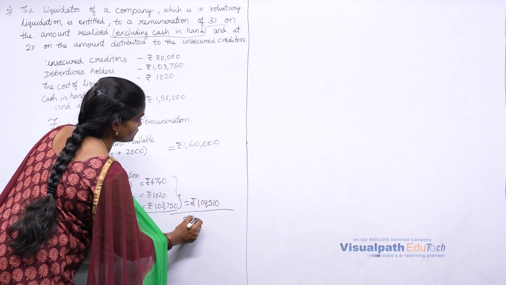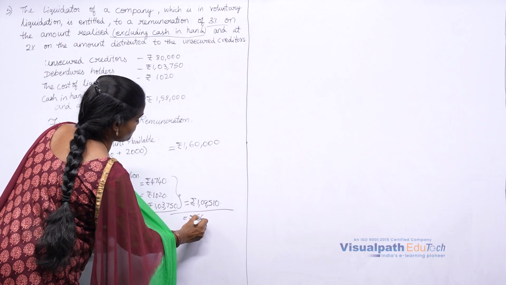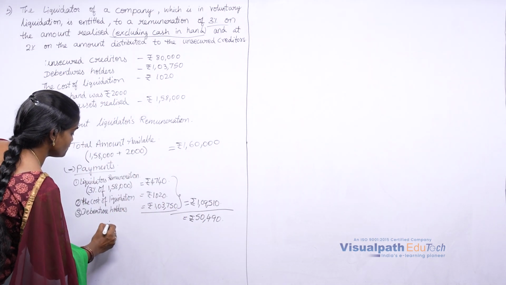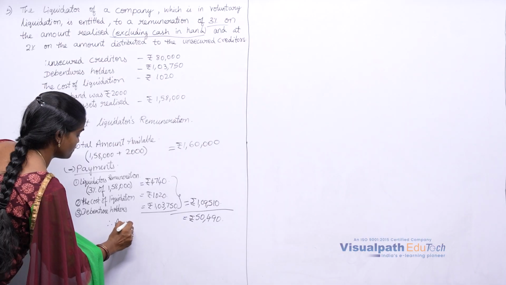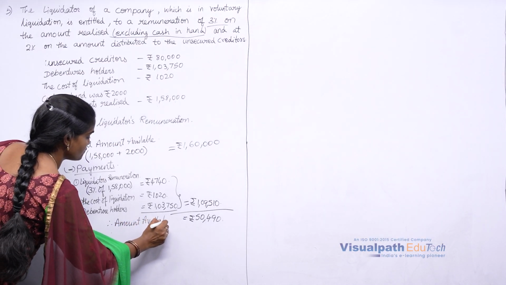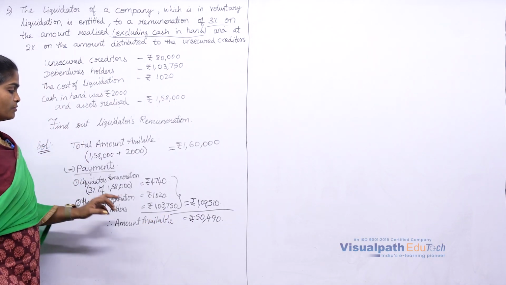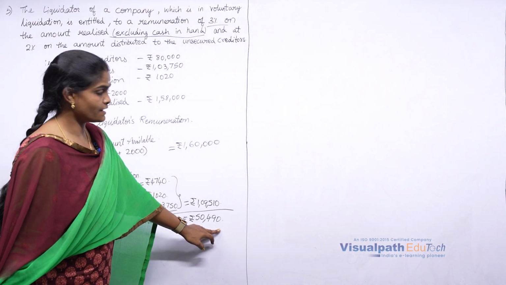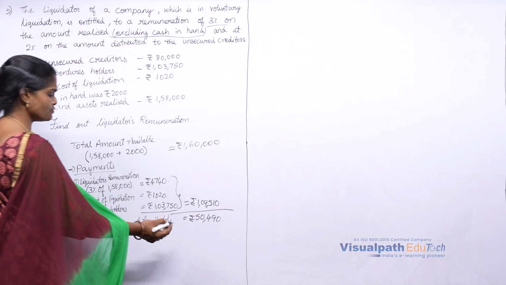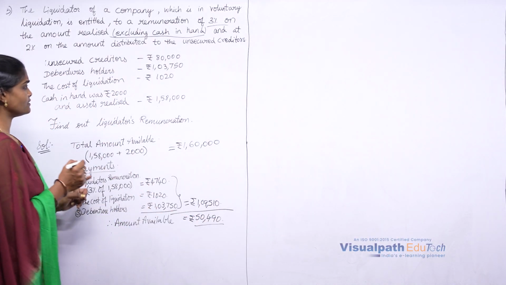We get rupees 50,490. Clear? Therefore, amount available is 50,490.